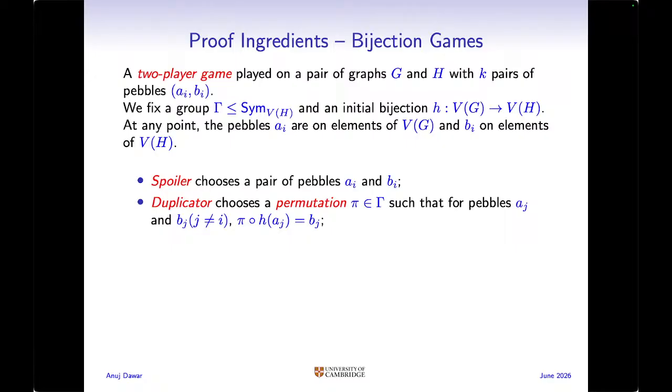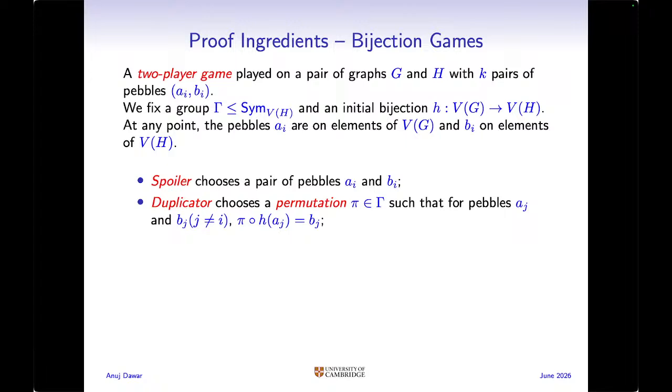Duplicator chooses a permutation in gamma, which has the property that for pebbles other than the one that spoiler picked, composing pi with the initial bijection will map A_j to B_j. So this kind of restricts duplicator to choosing permutations in gamma which fix pointwise the small set of k elements which are currently pebbled.